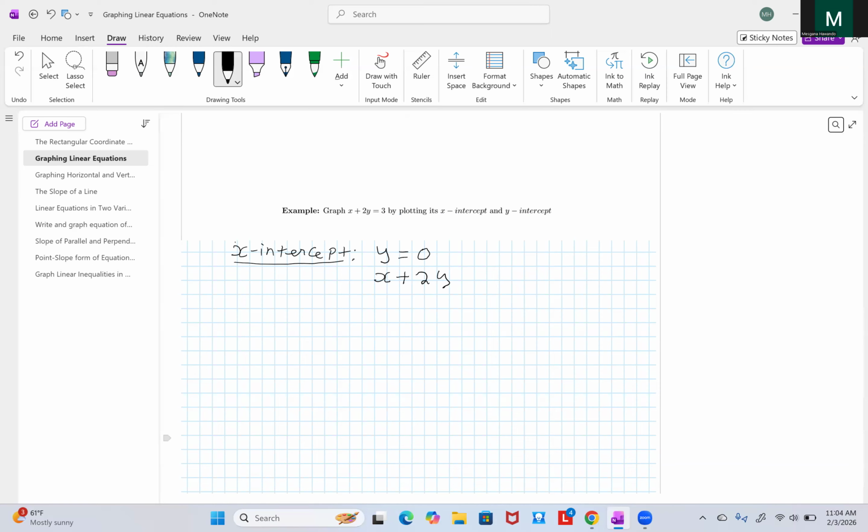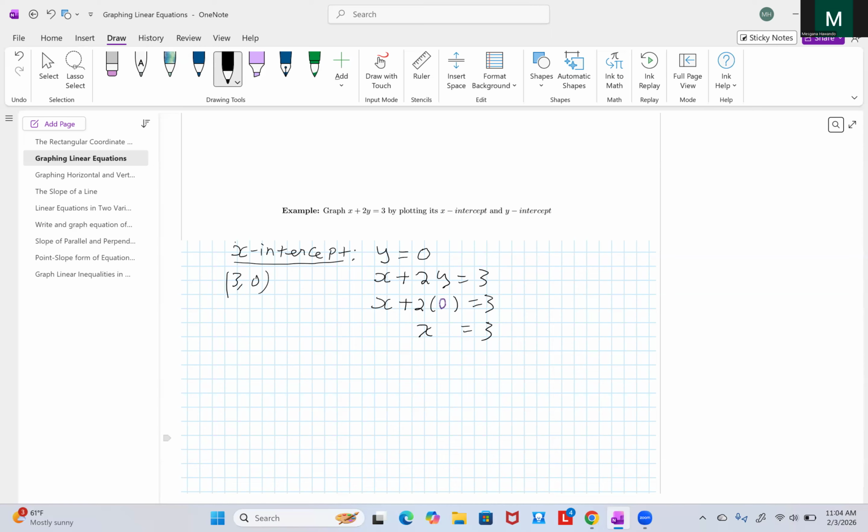We're going to replace y by 0 and solve for x. Doing that, we have x + 2 times 0, and solve for x. 2 times 0 is 0. 0 plus x is x. So x is equal to 3. So the x-intercept is (3, 0).